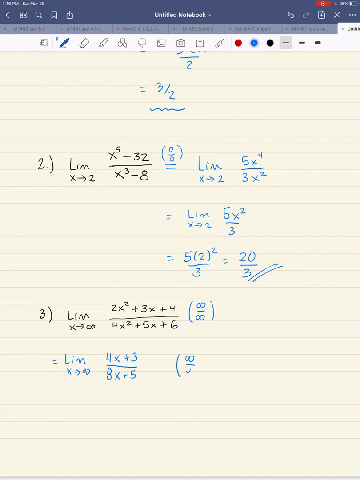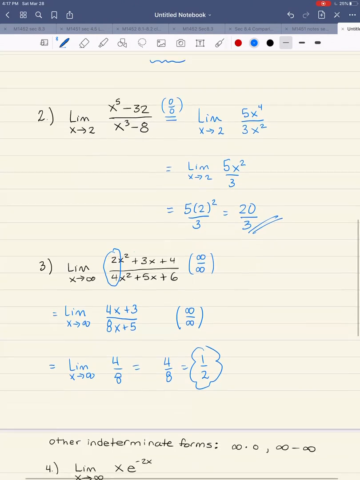Both numerator and denominator have an x in them, so they still go to infinity. So it still has that indeterminate form. So we can use L'Hopital's rule again. Take the derivative of the top, divide it by the derivative of the bottom, and shabam. That's where we get the 1/2 that we would have gotten just by looking at the ratio of the coefficients.